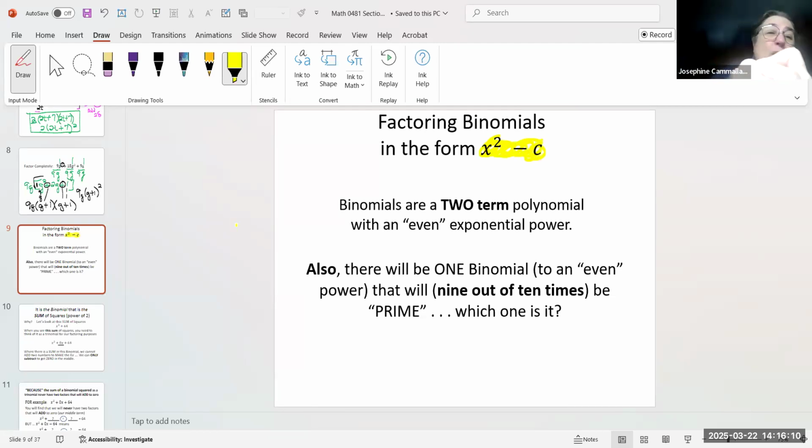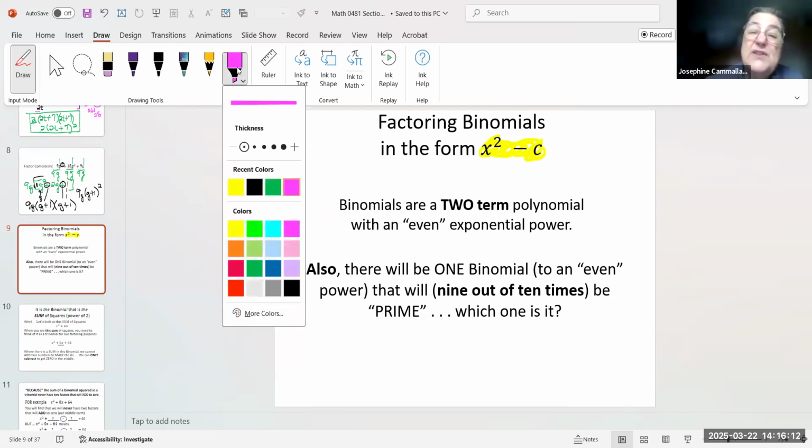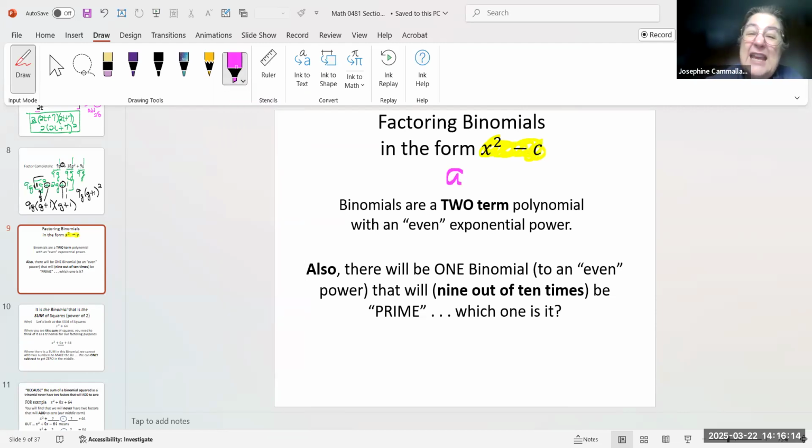Or also know this as a x squared minus c. Either one is correct. It's a two-term polynomial, and here's the catch. It's even.